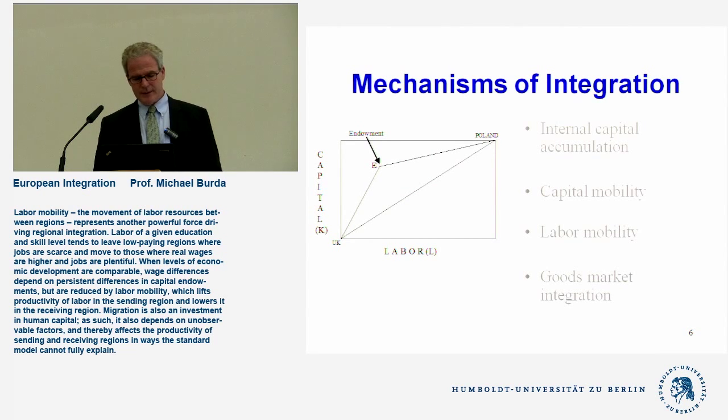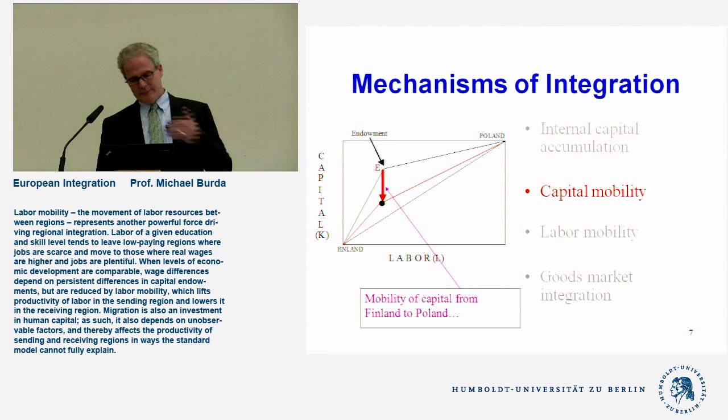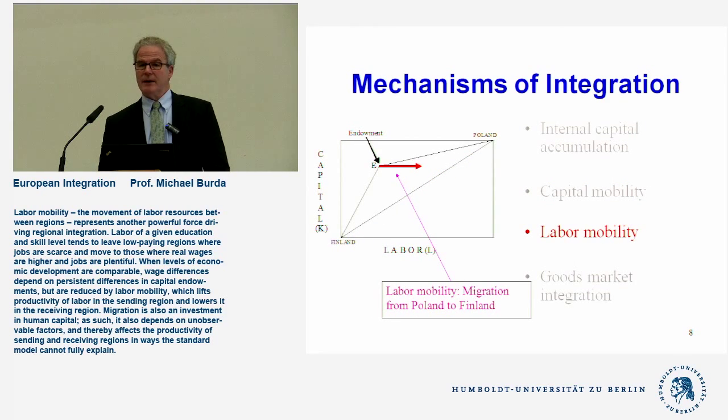The endowment point, E, is where Poland and the other country, which says UK, but it's supposed to be Finland, there it is, involves some sort of incentives for capital to move. We talked about that last time. And now we're going to talk about the alternative, which would be to move in a horizontal direction.